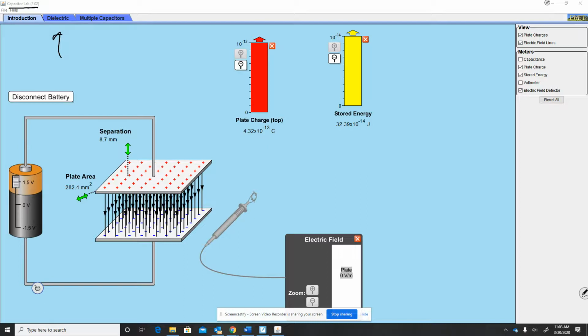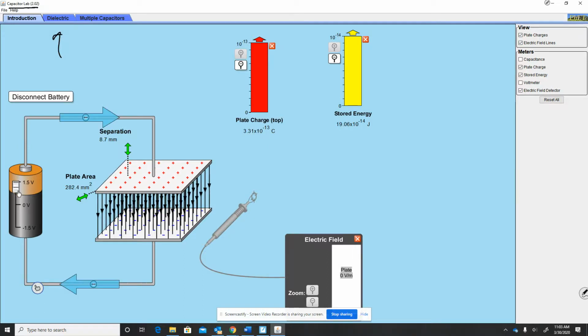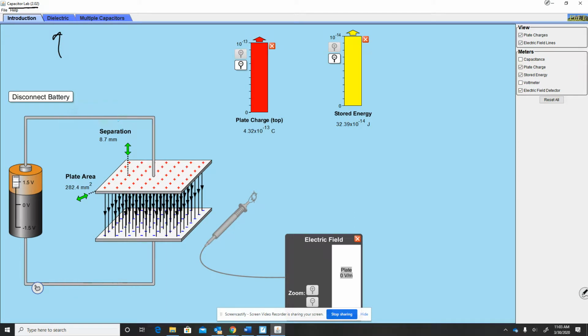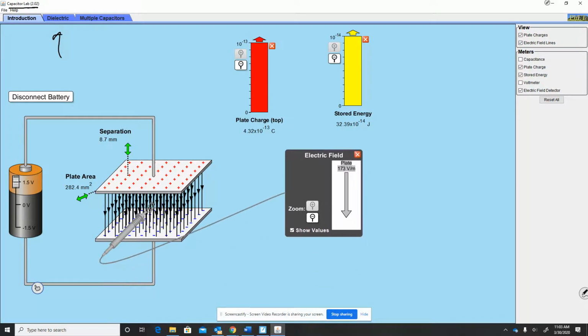Okay, so what I'm going to do here is we just have this battery here. Let's say we have a 1.5 volt battery in here. All that I really want to do is show you how the electric field changes depending on the voltage and the distance between them.